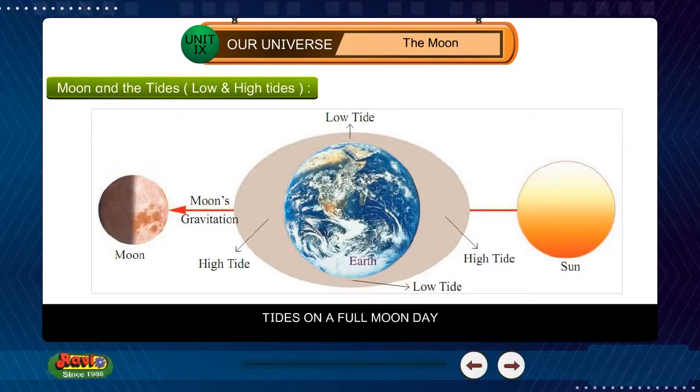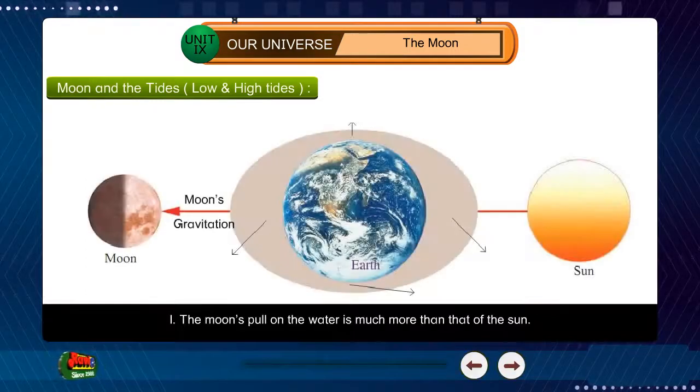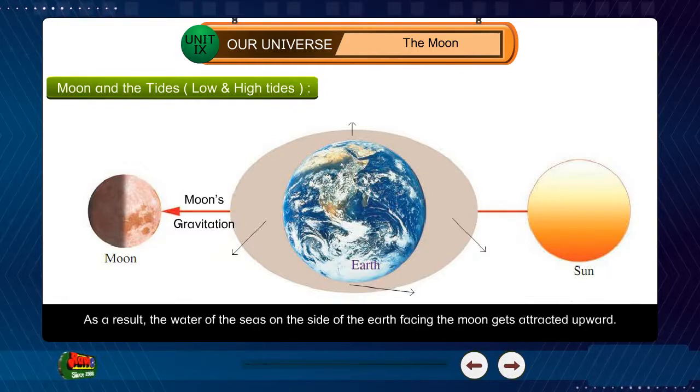Tides on a full moon day. 1. The moon's pull on the water is much more than that of the sun. As a result, the water of the seas on the side of the earth facing the moon gets attracted upward.